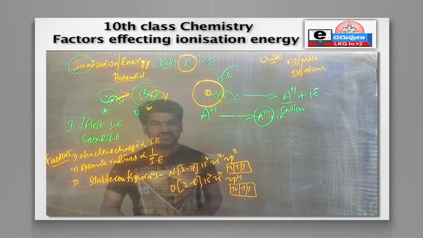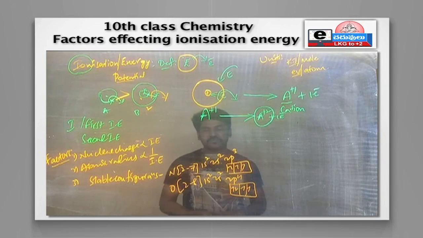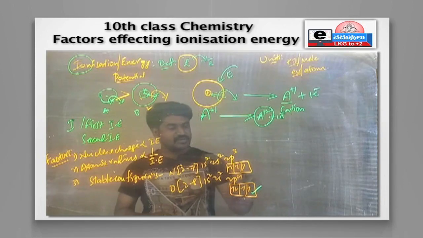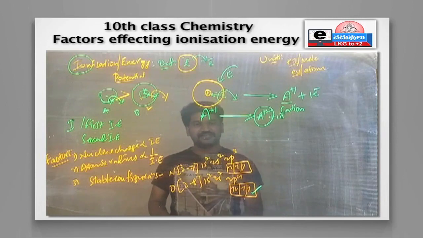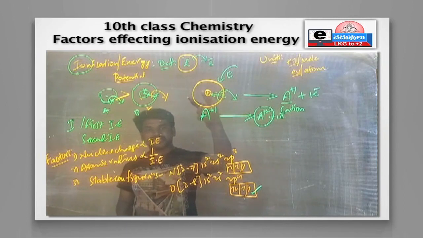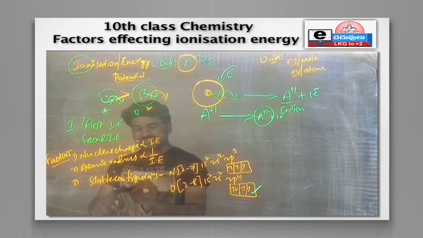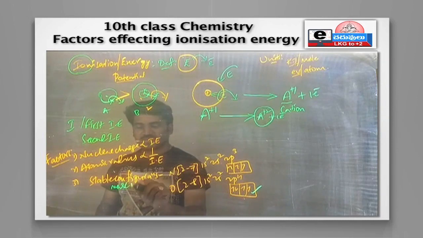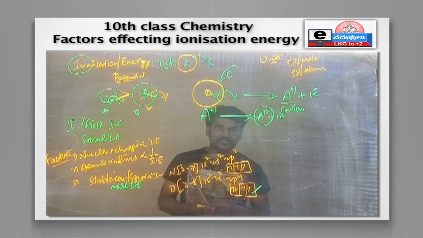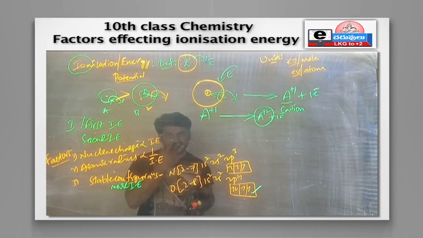From both of them, from where can you remove the electron easily? We can remove the electron easily from oxygen only. Why? Because in nitrogen the half-filled configuration is there, that is a stable configuration. So here we need to apply more energy, and here less energy. Stable configurations need more ionization energy. You can take an example like this.